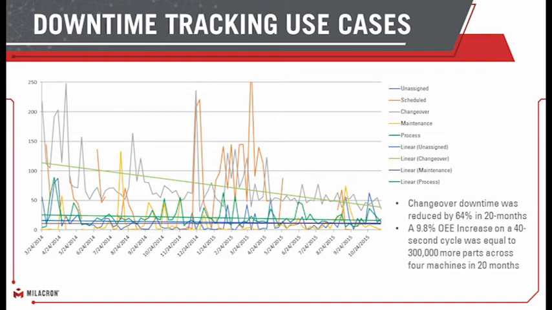Utilizing the system in a 20-month time span, they were able to reduce changeover times by 64%. So that equated to a 10% increase in their OEE, or 300,000 more parts in that same 20-month time span. A drastic increase, which equated to 2 more machines running for this team.